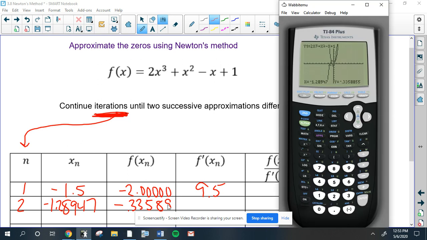Do the same thing with the derivative. So cursor up, 6.39746.